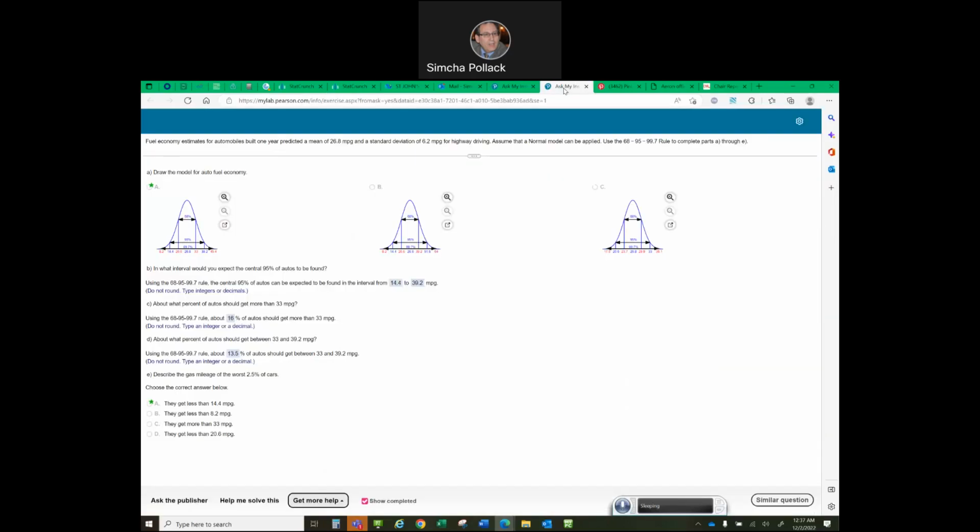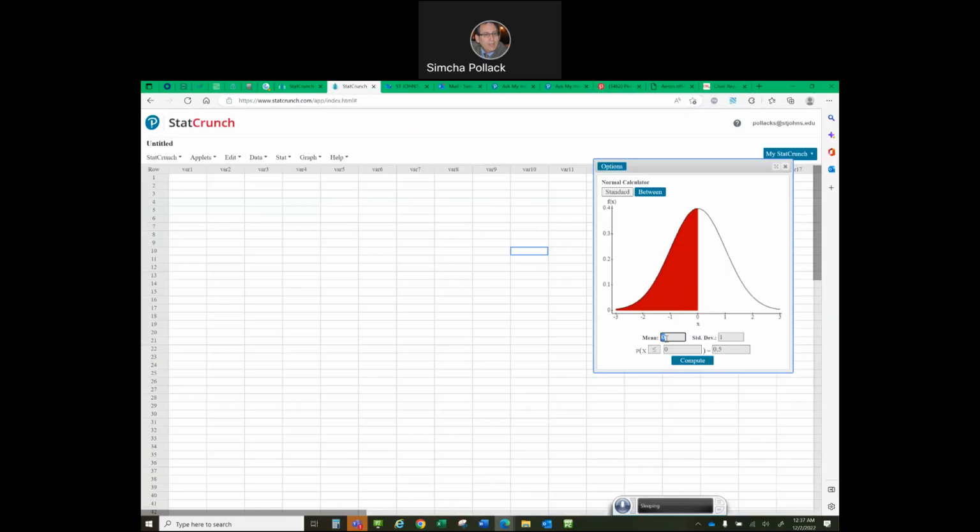The mean of this example is 26.8 and the standard deviation 6.2.